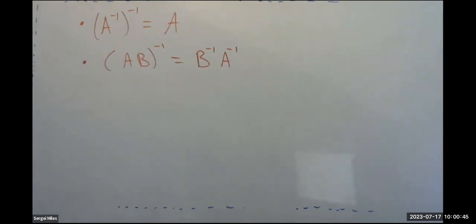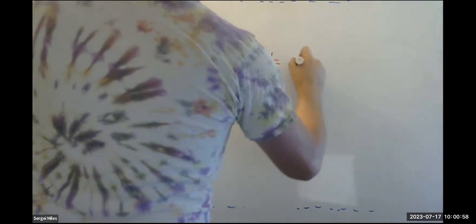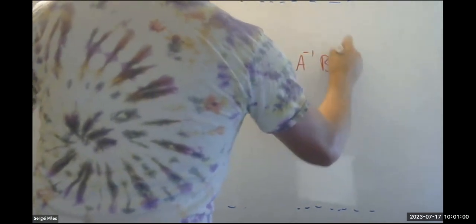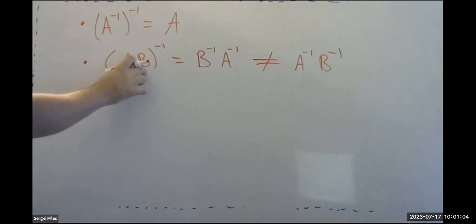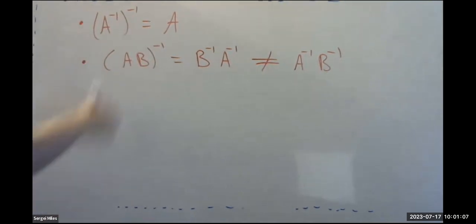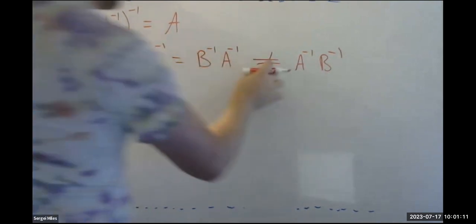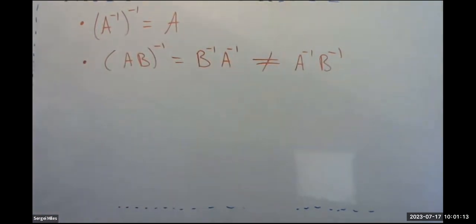This is really key here because recall for matrices, you cannot just flip the order whenever you like. There are only certain occasions when flipping an order can work. So this does not equal A inverse times B inverse, right? The inverse of a matrix times a matrix, it doesn't work like real numbers. You can't just distribute this power or anything. This is not equal to A inverse B inverse.